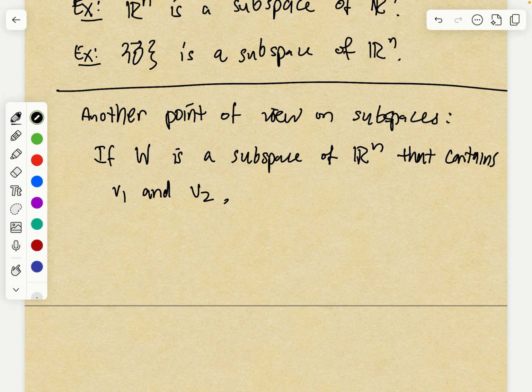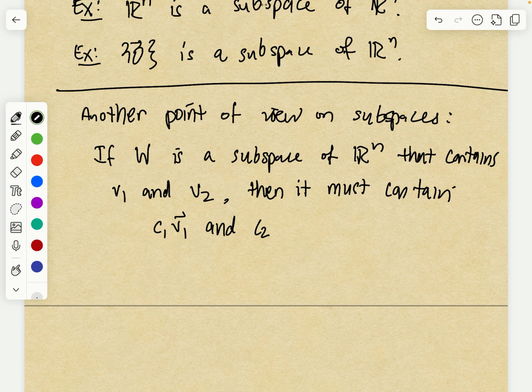Then it must contain C1 V1 and C2 V2 for any scalars C1 and C2, scalars being real numbers.